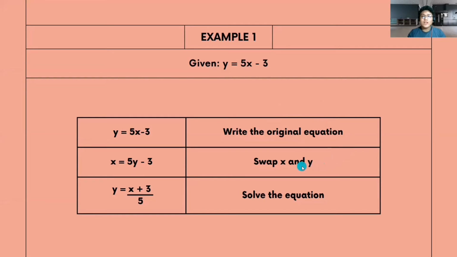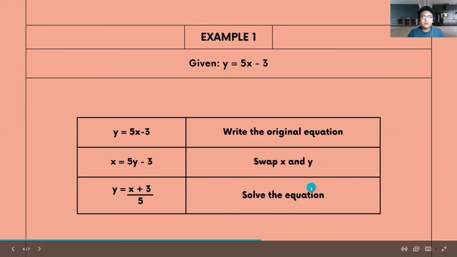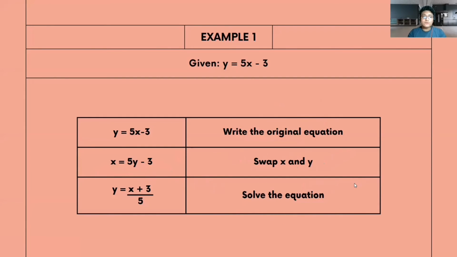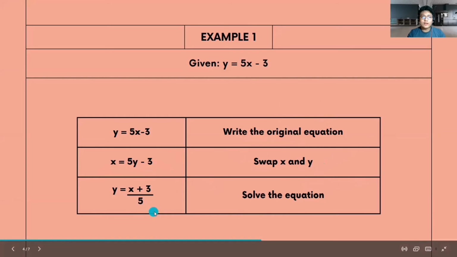So from y equals 5x minus 3, we will change it to x equals 5y minus 3. Now, we will solve the equation x equals 5y minus 3 for y. And the answer is y equals x plus 3 over 5.